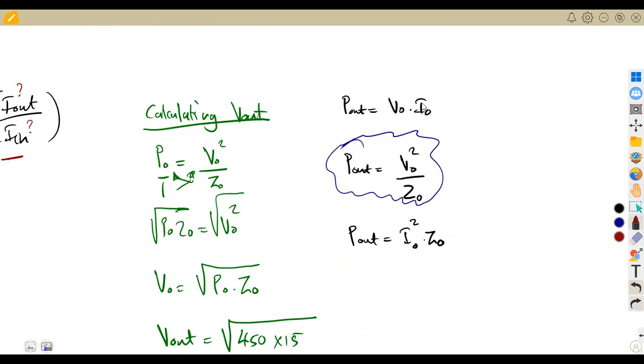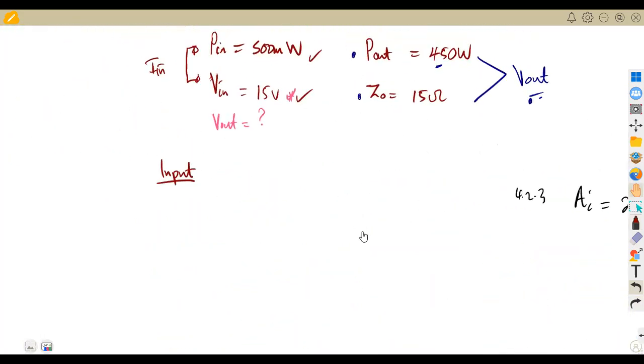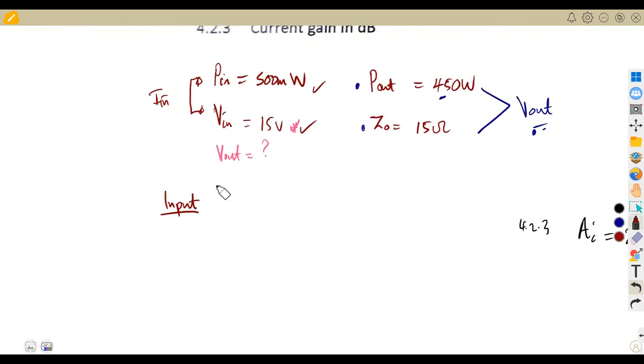So it's going to be P in is equal to V in times I in, because we have voltage, we need current, and we are given power. That is the best formula to use, guys; we use these formulas according to what we have. We can see that we've got power and voltage, and we need current. So power is equal to voltage times current, but this will be P in, V in, and I in.